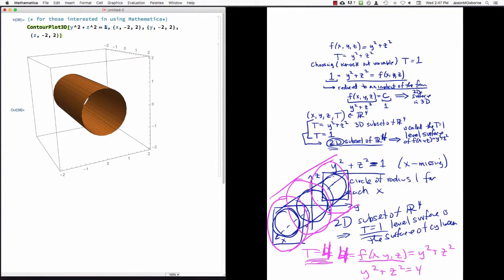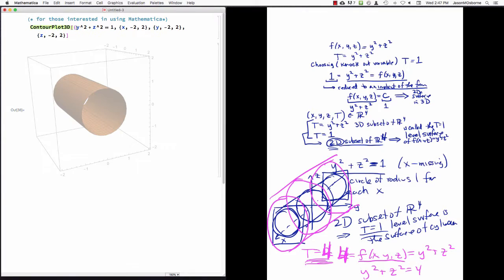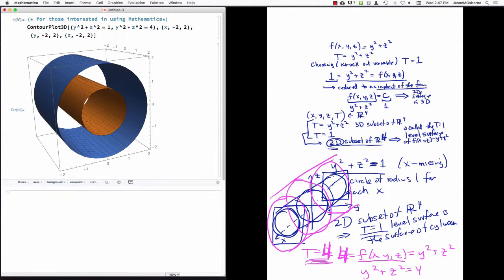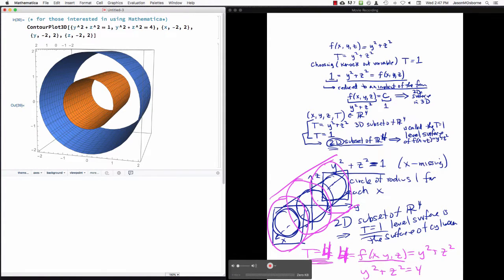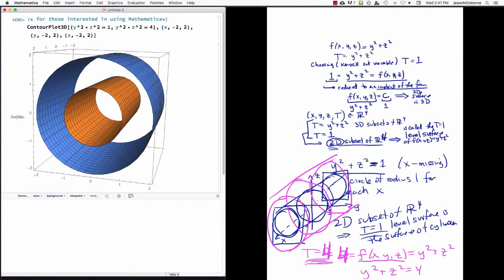Okay. If you want to look at another level surface, you could look at y squared plus z squared equal to 4. And there is another level surface. Okay. So that's why I like to think of these functions of three variables as temperature functions. It helps me wrap my mind around these.